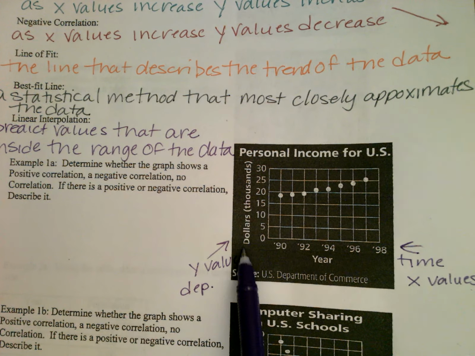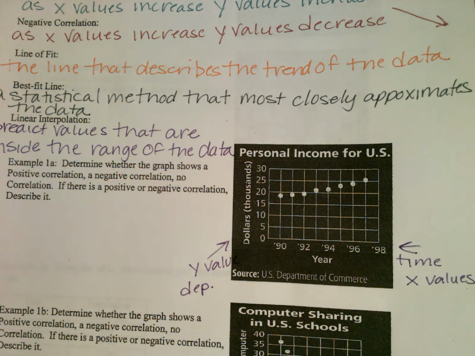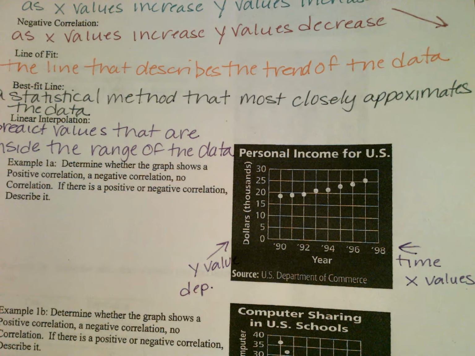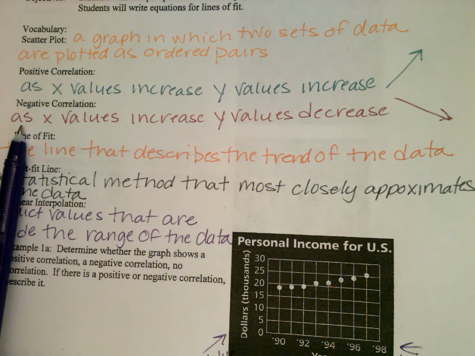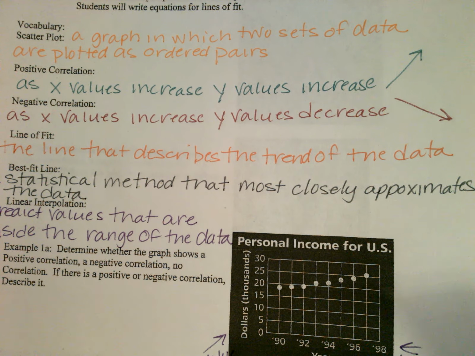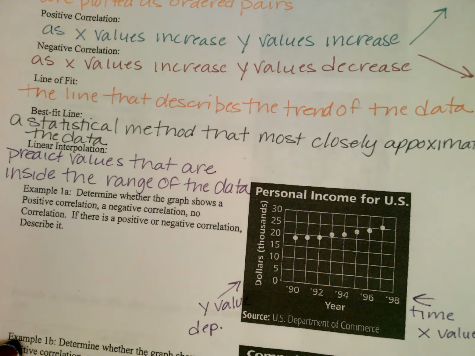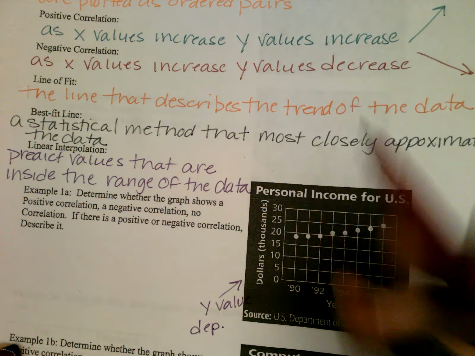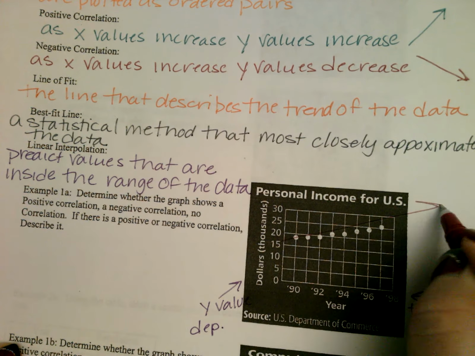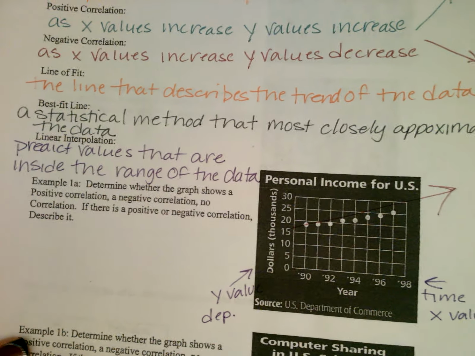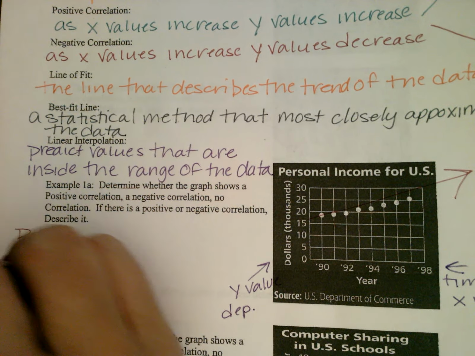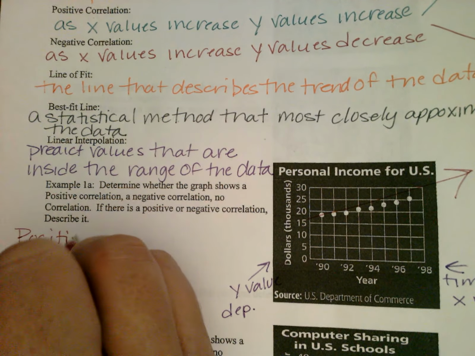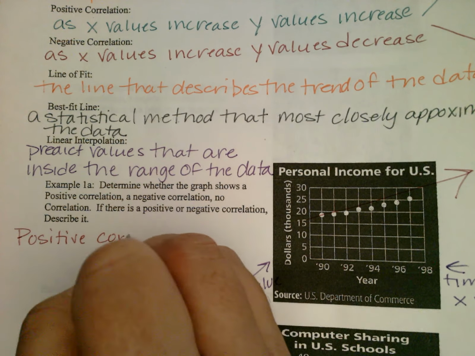So years and dollars and thousands. Okay, what kind of trend do you see when I look back? Do you see a positive or a negative type of trend? It's not perfectly linear, but we can see definitely a pattern. It's hard to see on the black, I realize that. Okay, so what I notice is we have a positive correlation.